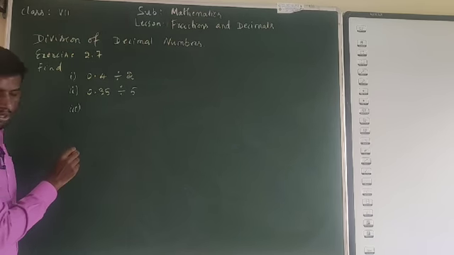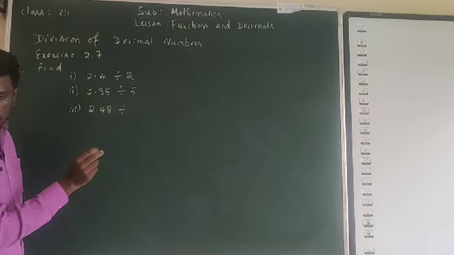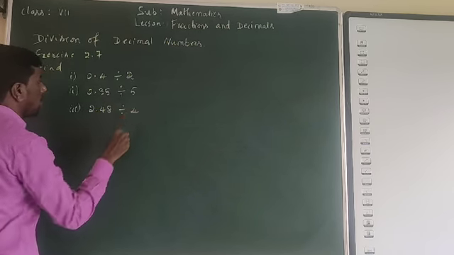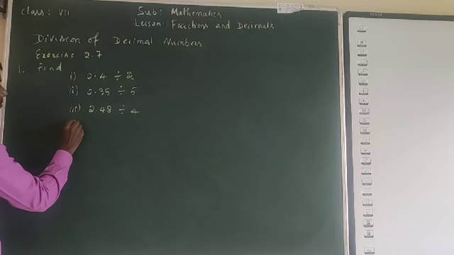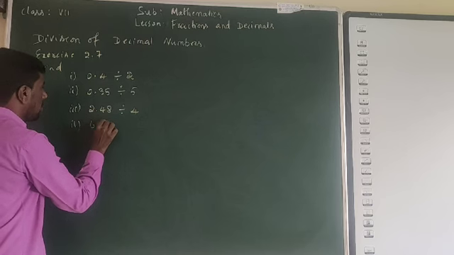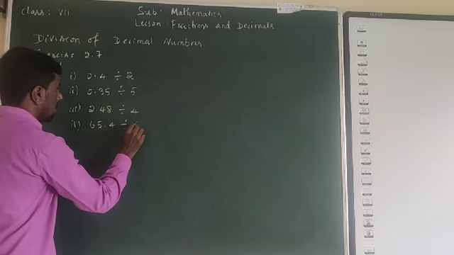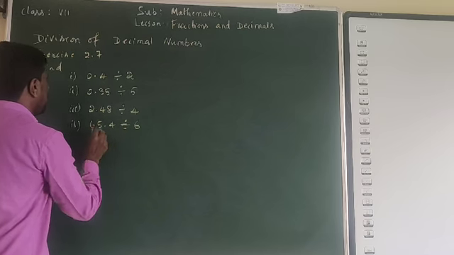Third one, 2.48 divided by 4. Fourth one, 65.4 divided by 6. So this is the homework for you.